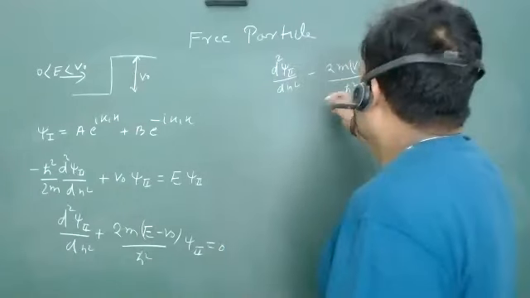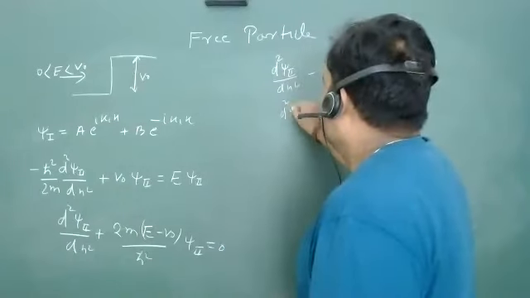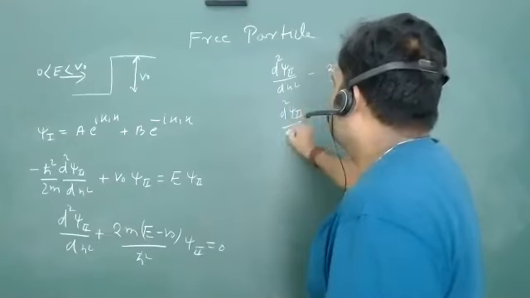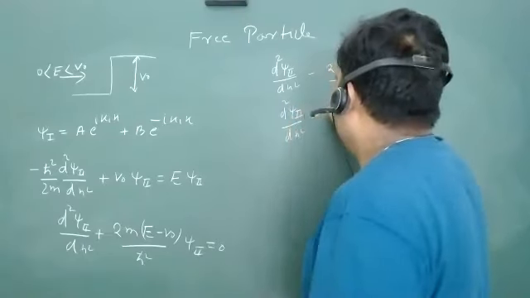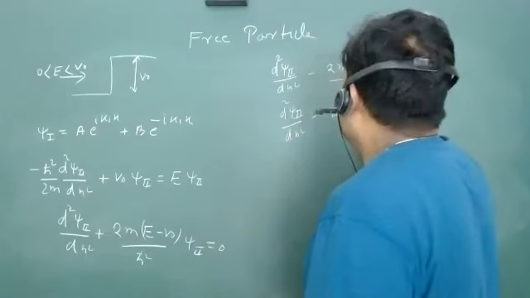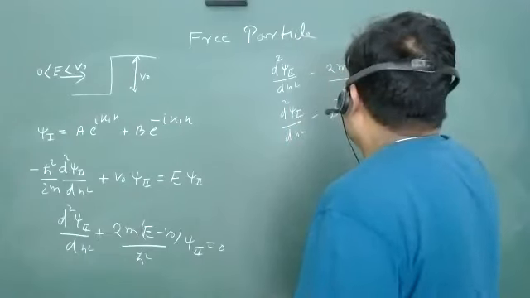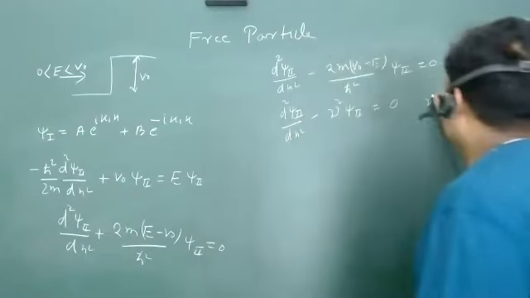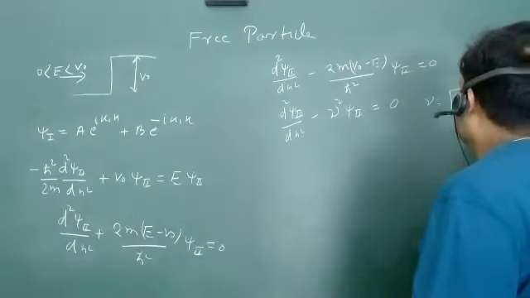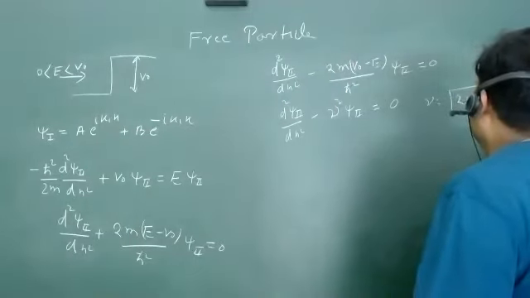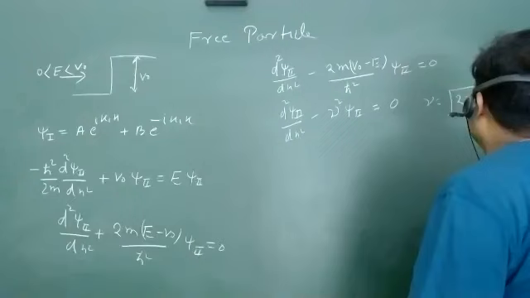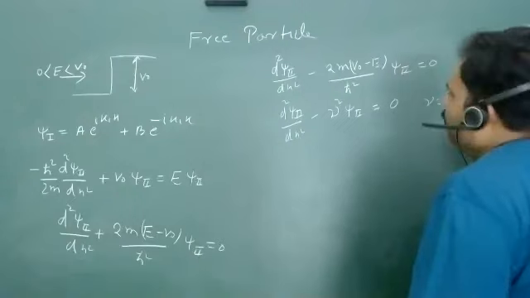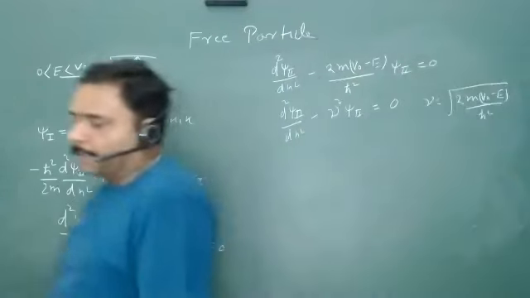And so I can write this equation as d square psi 2 by dx square minus gamma square psi 2 is equal to 0. What is gamma? Gamma is nothing but root under 2m (V naught minus E) upon h cut square. So you have done your differential equation.